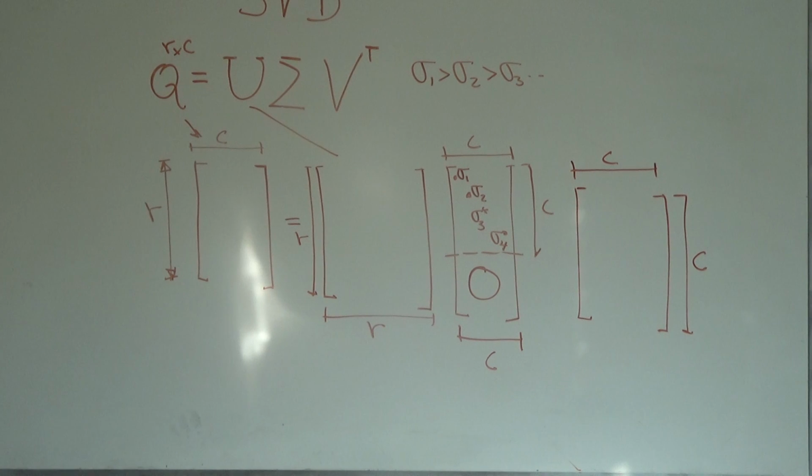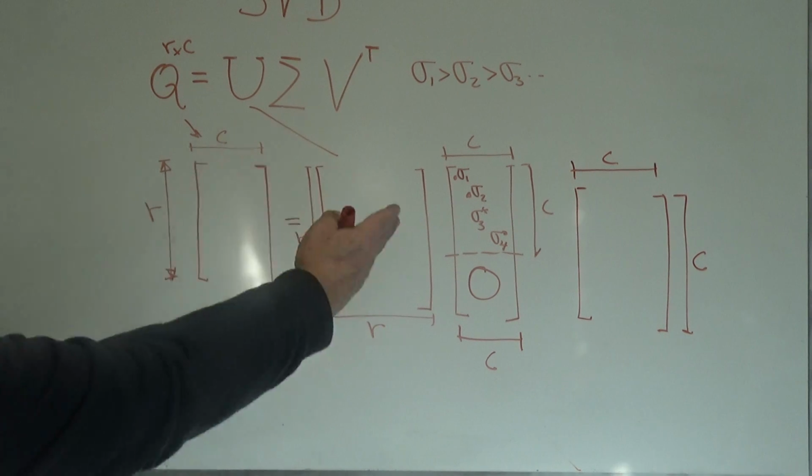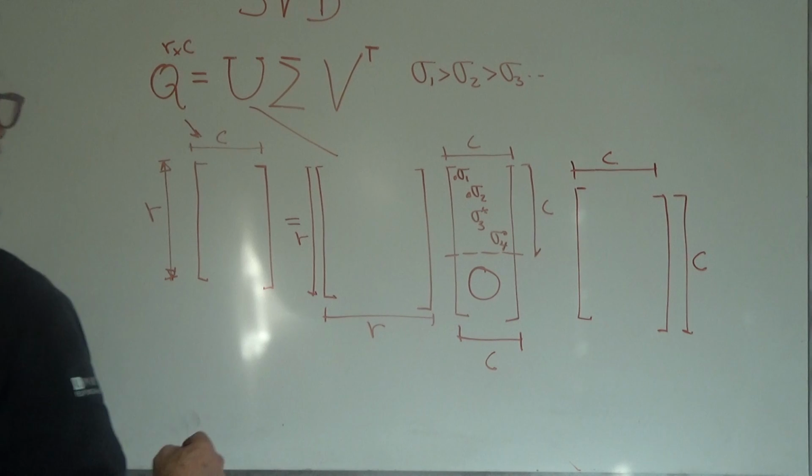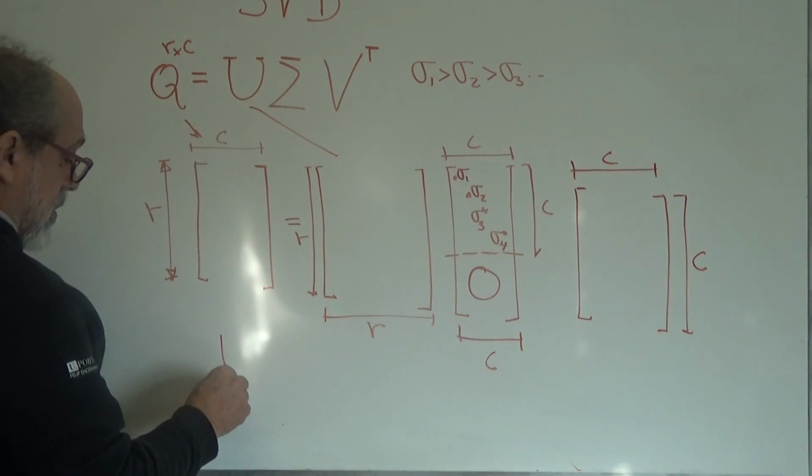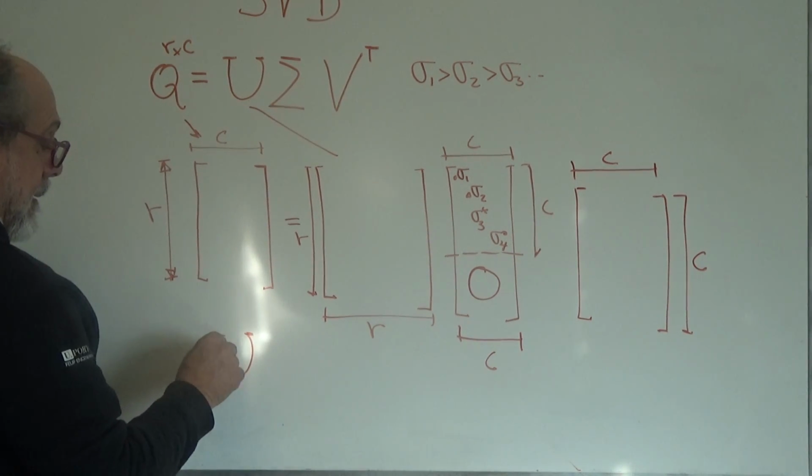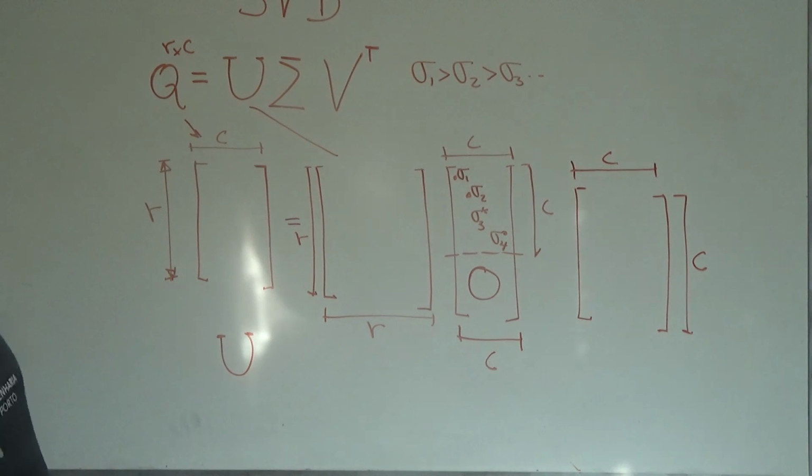Now, in addition to this, we can say that the matrix U, okay, could be complex depending on what the matrix Q was, but for real matrices it's real, and the matrix U is orthonormal.